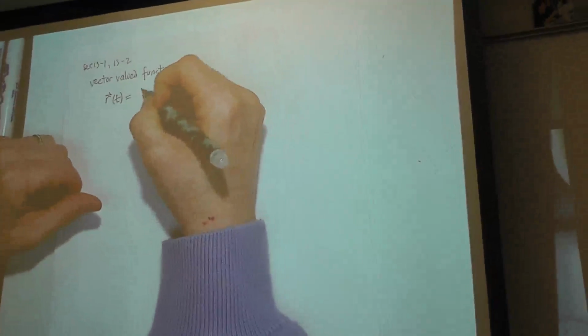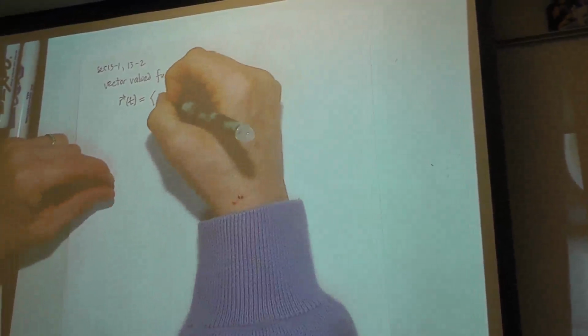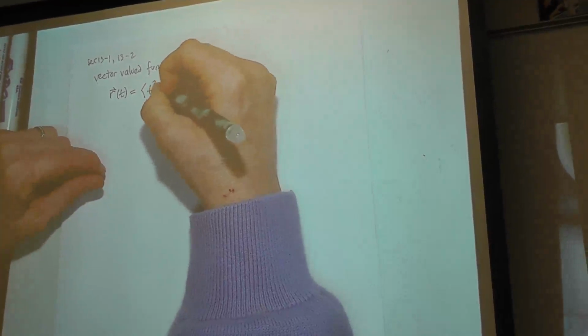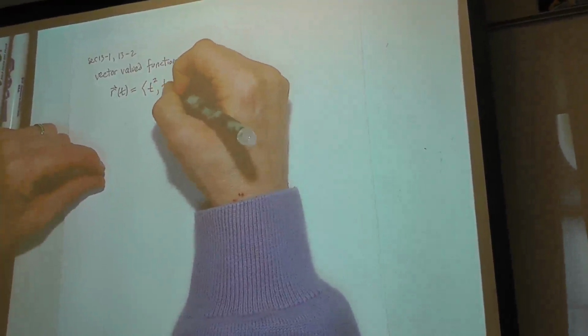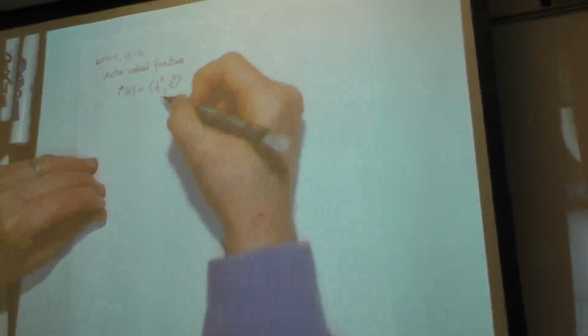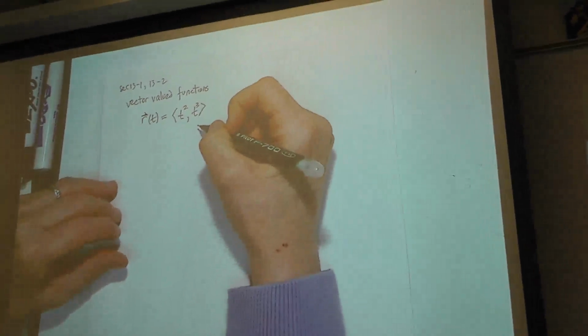So if I wrote this down, this would be a typical example of a vector valued function. I have the arrow over the R because what I get in my range are vectors.